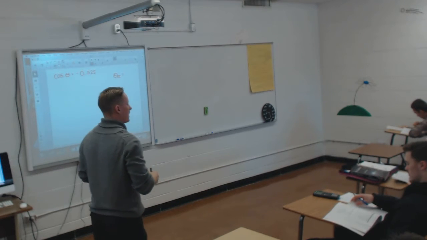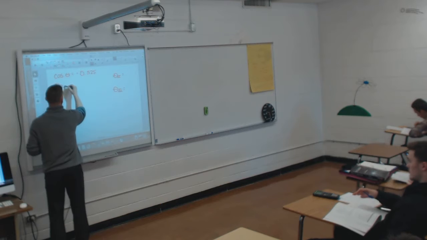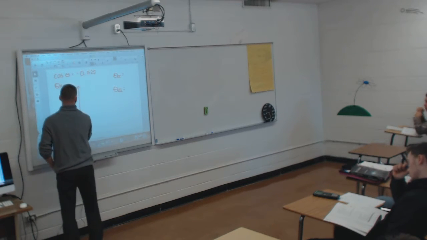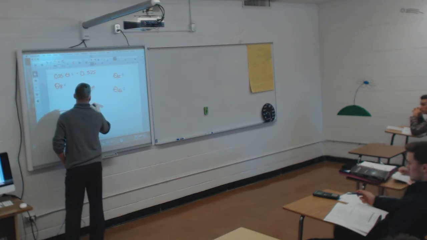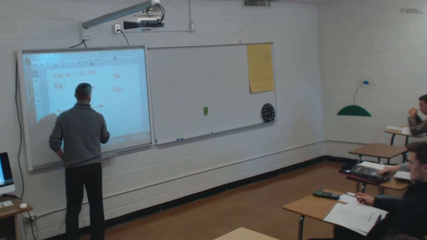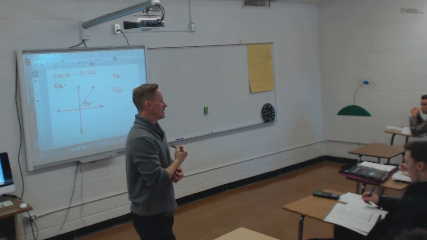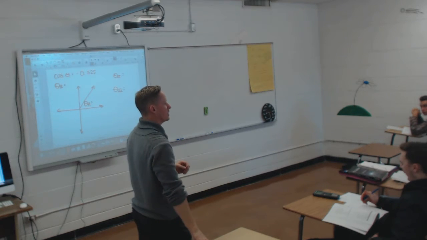Now I want to find out what the reference angle is. I'm going to draw myself a grid. You can use your calculator for this, and I want you to do the positive ratio.